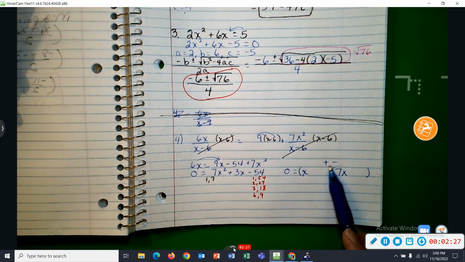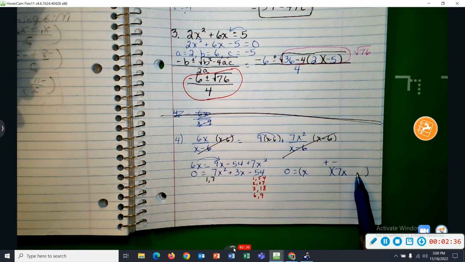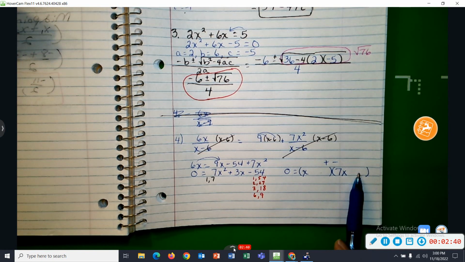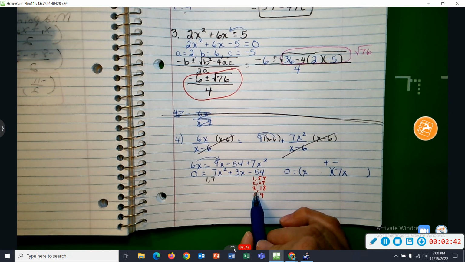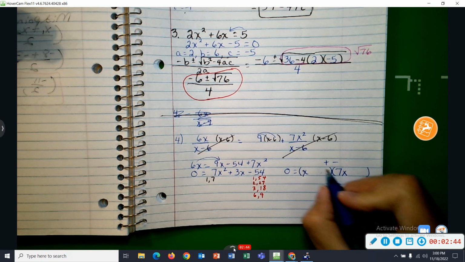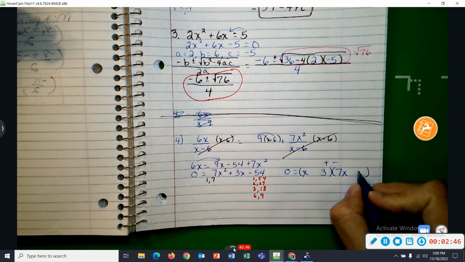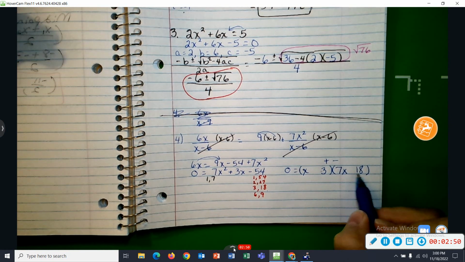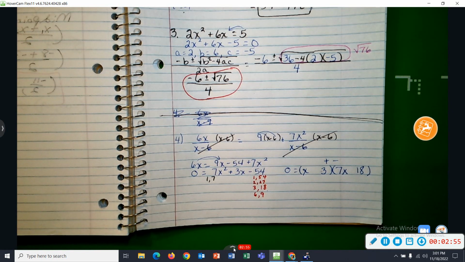If I put a 6 or a 9 here, I'm going to get a mighty large number. 21, if I put, no, 42 and 9. Trying to get things that will subtract to give me a 3 when I plug them in here and FOIL it out, I'm thinking it's going to be 3 and 18. If I put a 3 here and an 18 there, I'd have a 21x and an 18x. I can sure subtract those and get a 3.